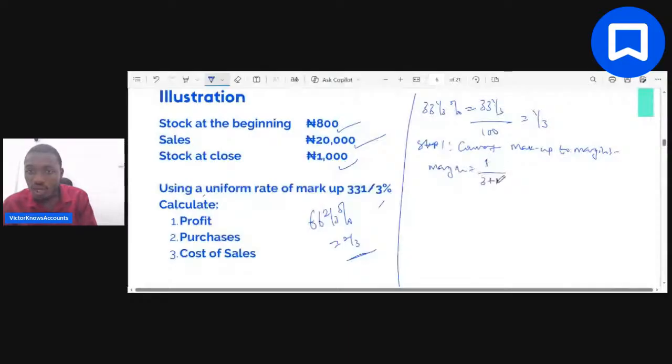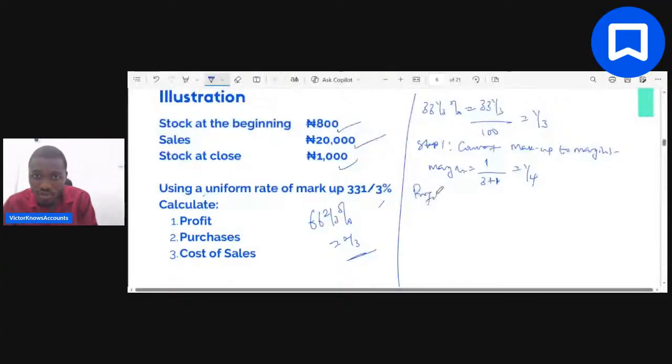That gives you 1/4. Do you understand that? So it means that your margin is 1/4. You can now calculate your profit.